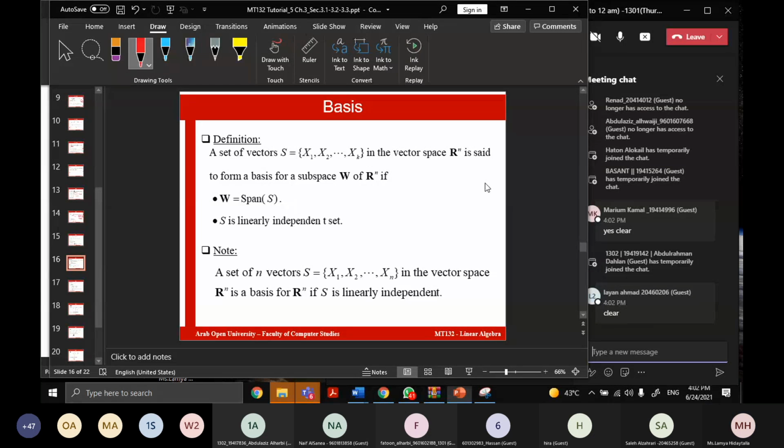Now, we knew what a vector space is, and we knew a subspace is a subset of the vector space whose elements are linear combinations of certain elements.